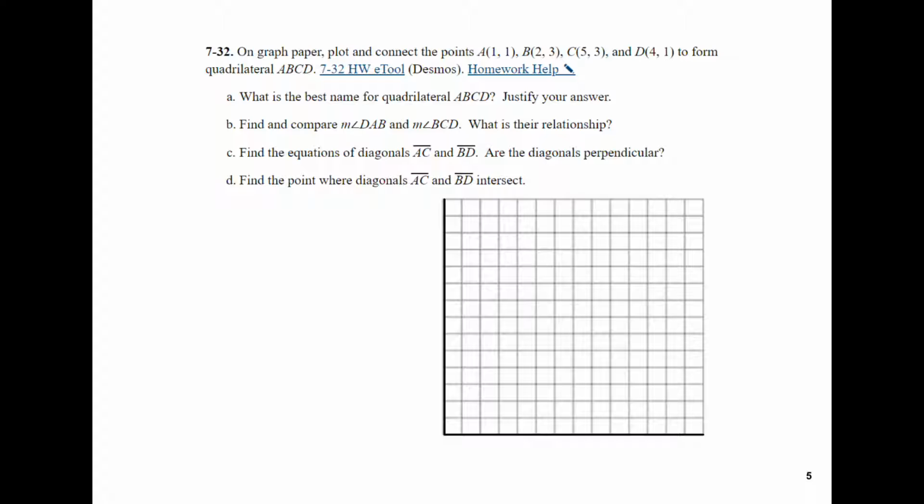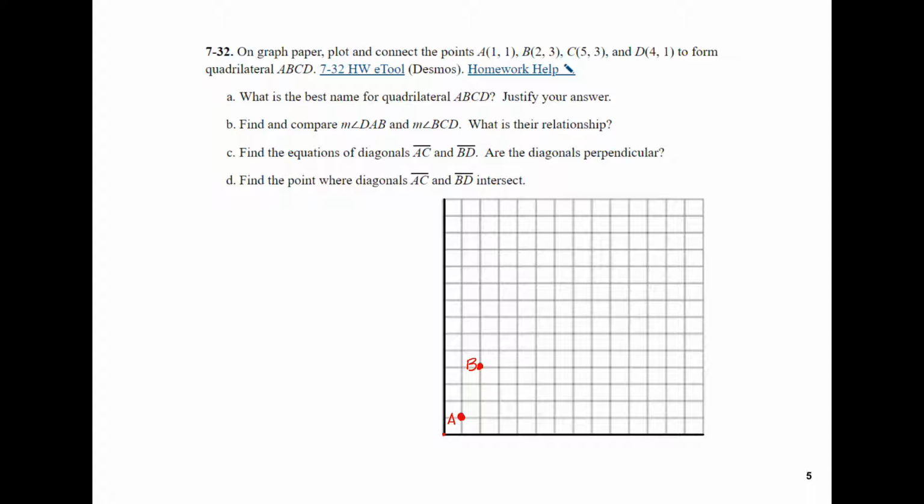7-32, on graph paper, plot and connect the points. A is 1, 1, so if we take this as our origin, 1, 1 is right here. I'm going to label it point A. It says B is 2, 3. C is the ordered pair 5, 3.